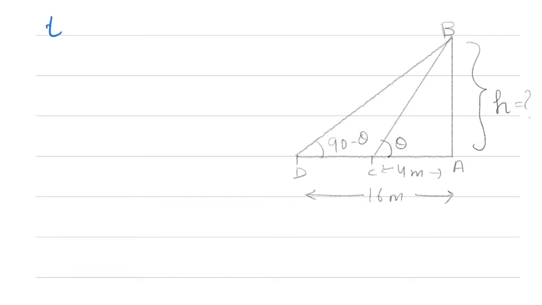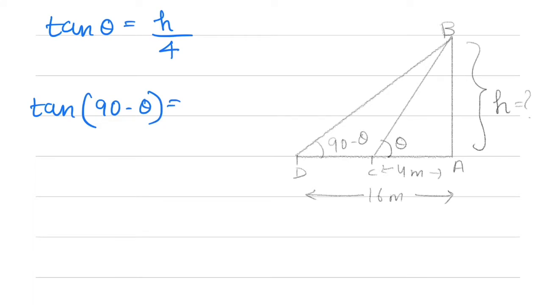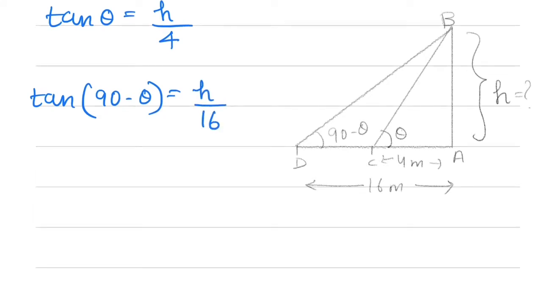We have tan theta is equal to h by 4. We also have tan 90 minus theta is equal to h by 16. So tan 90 minus theta I can write down as cot theta is equal to h by 16.